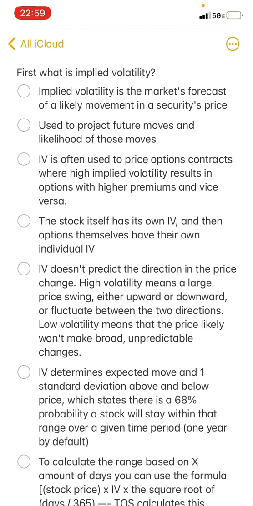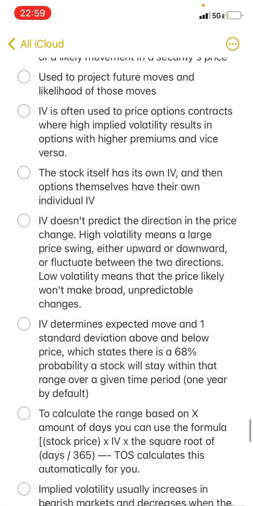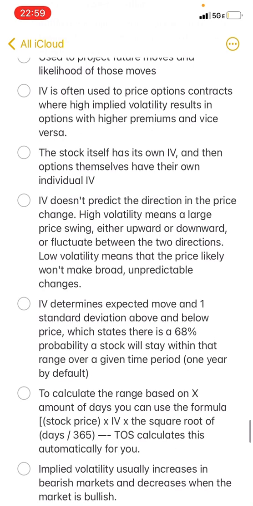If the IV was 75%, well, then that range is even bigger. That $100 stock would be expected to trade maybe between 25 and 175 over the course of the year, and that would be under the 68% occurrence, just based off the standard bell curve and statistics. So it is used to project future moves and the likelihood of those moves.